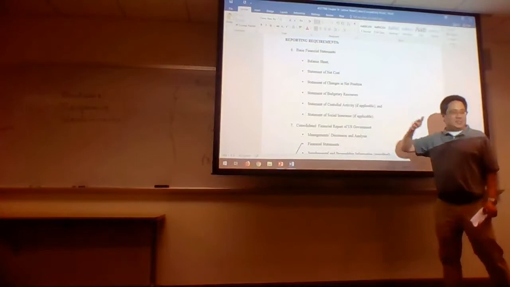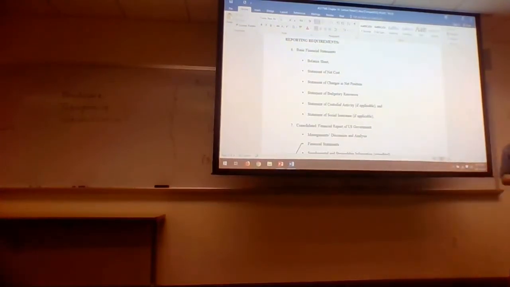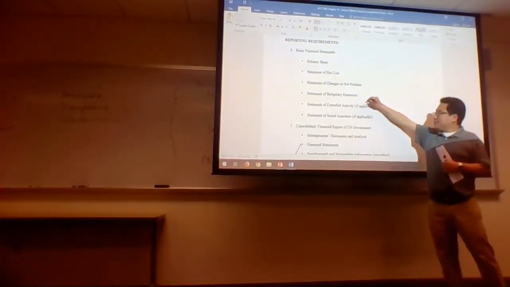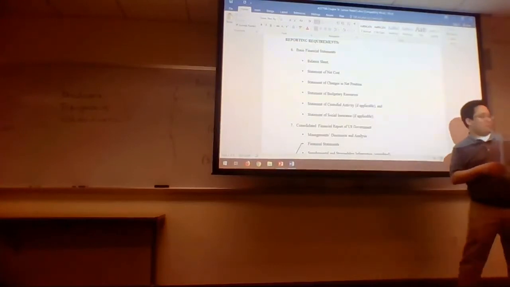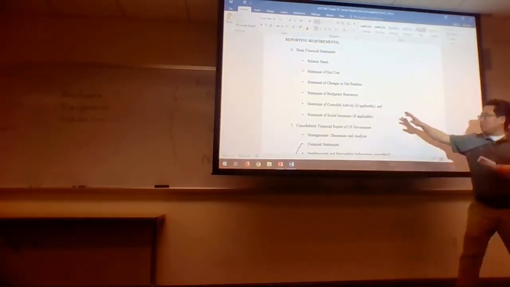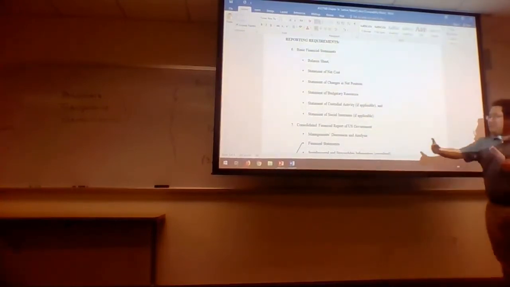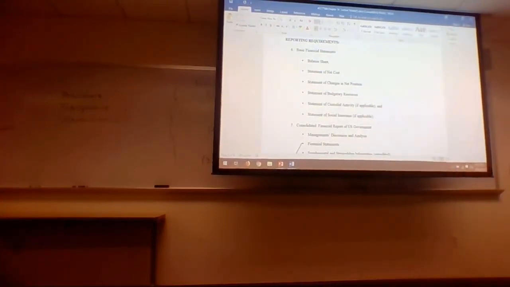Statement of budgetary resources is not so similar to for-profit accounting because for the government, for state and local governments, for the federal government, budgeting is more important and more emphasized. But you could roughly say this is kind of like a cash flow statement, right? Because if you have to account for cash, you can't hide something under the accrual basis of accounting.